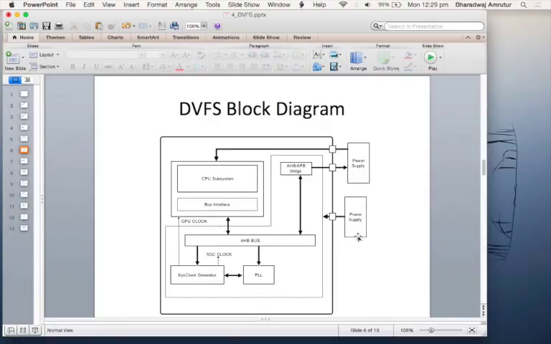This is a fixed power supply which supplies only to the remaining portion, which is running off a fixed voltage and frequency. Then there is a controllable power supply which supplies voltage to the DVFS power domain.